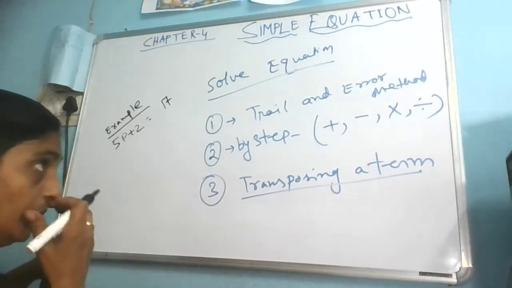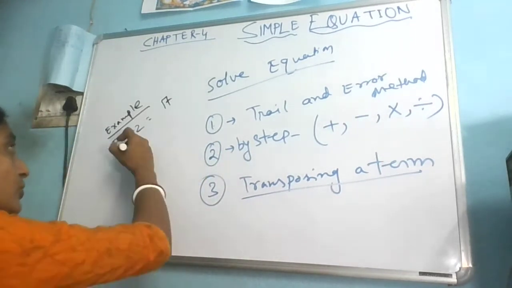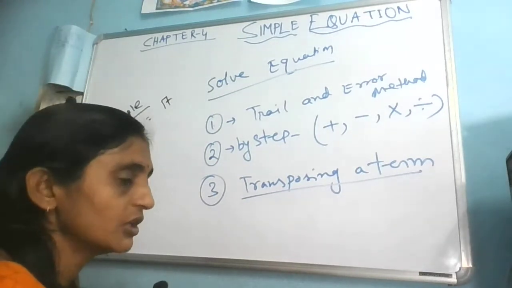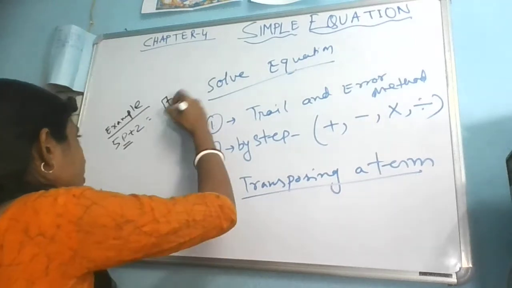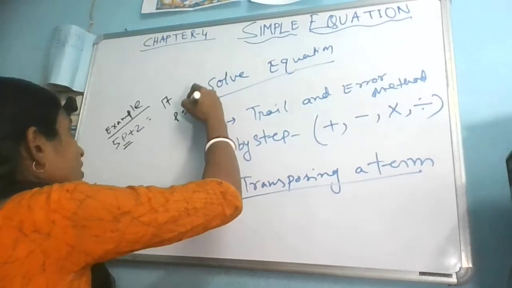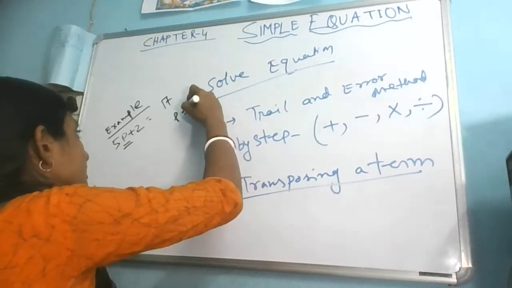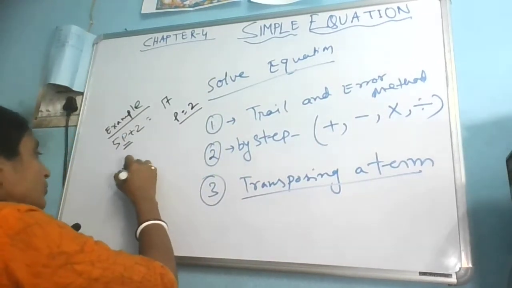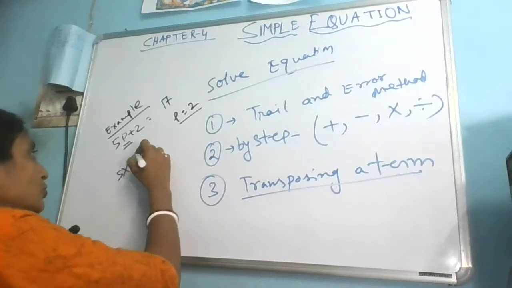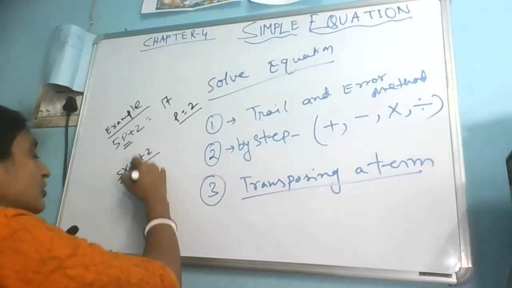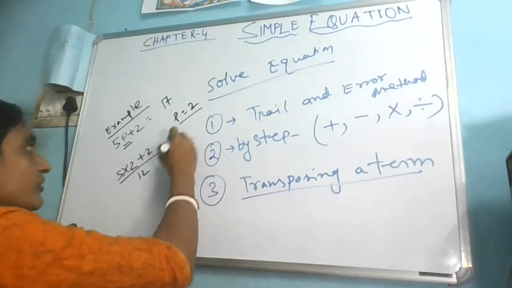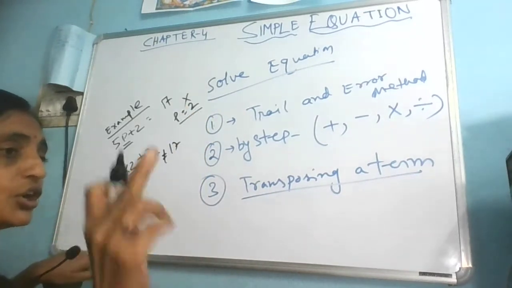For p we will use different values. First, let's take p equal to 2. In place of p, I put 2, so it becomes 10 plus 2, that means we get 12, which is not equal to 17. So this value is not correct.